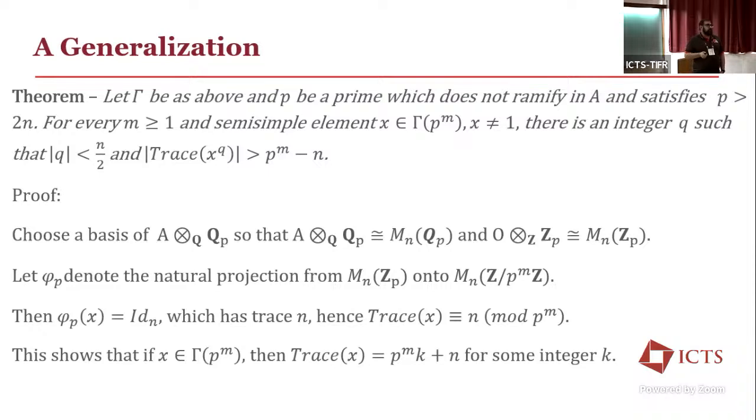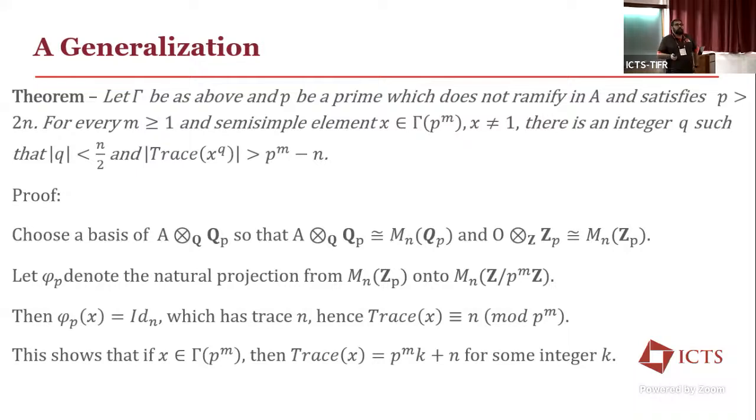The n by n identity matrix has trace n. So if you're an integer matrix that mod p^m is the identity, it follows that your trace is congruent to n mod p^m. All right, so this shows that if x is in our congruence subgroup, the trace of x is p^m k plus n. So far, modulo some jargon about central simple algebras, this is exactly the same.